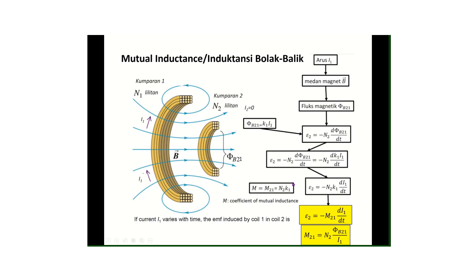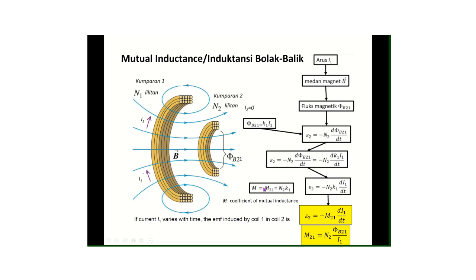Let's make a new coefficient: N2 times K1, we call this M21. This M21 is the mutual inductance.